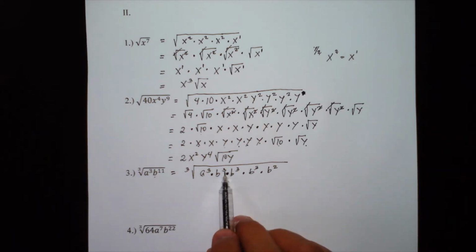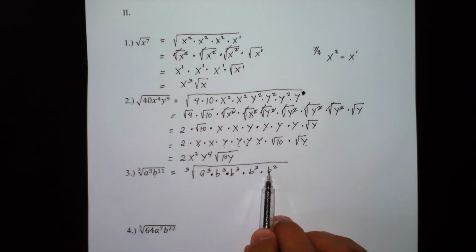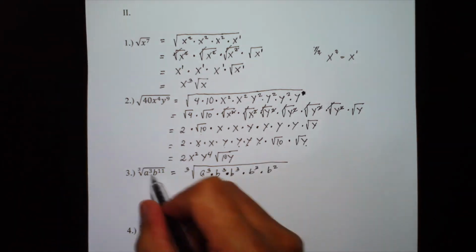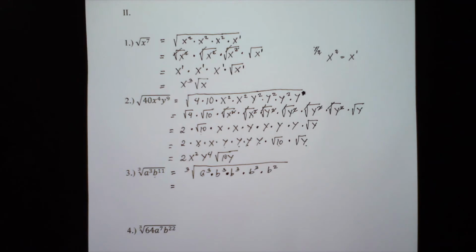So we have b cube times b cube, that will be b raised to 6, then multiplied by b cube, that will be b raised to 9, and multiplied by b square, that will be b raised to 11. So we satisfy this b11. So we have to separate this one.